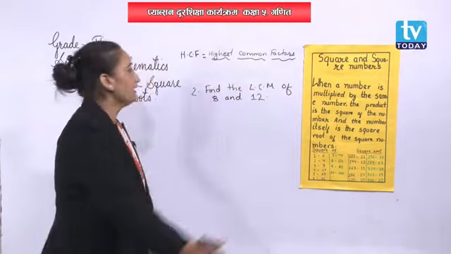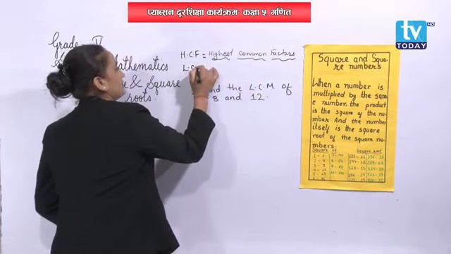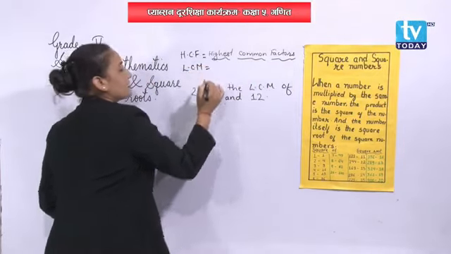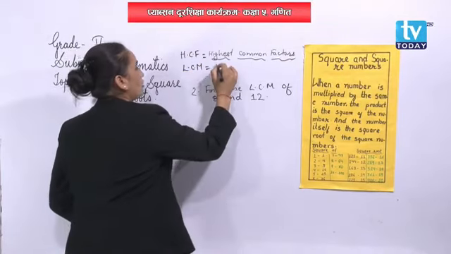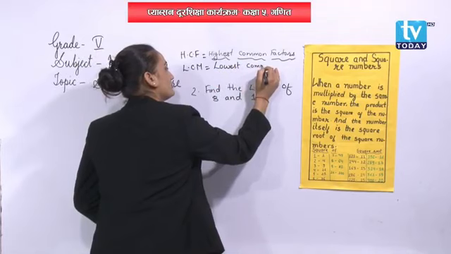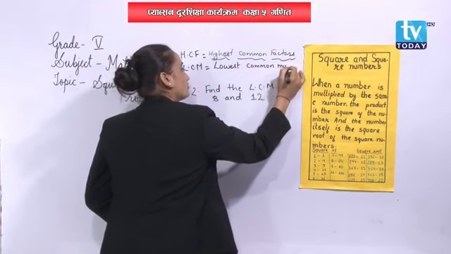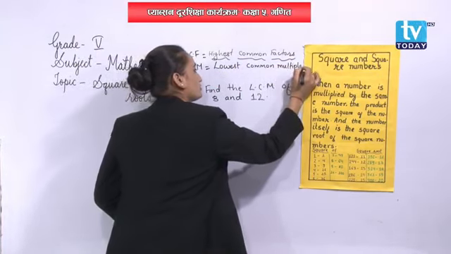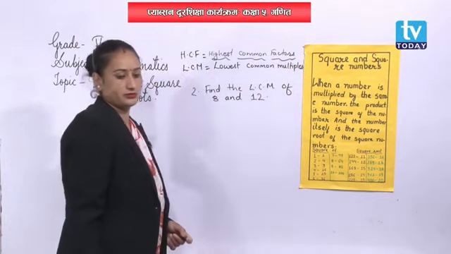Same like here, the full form of LCM is lowest common multiples.